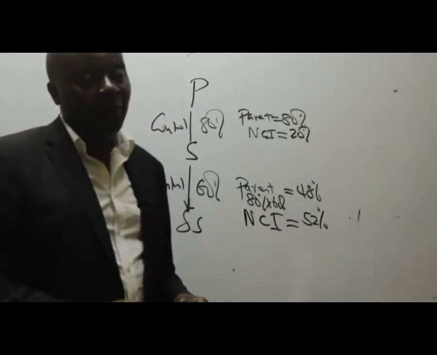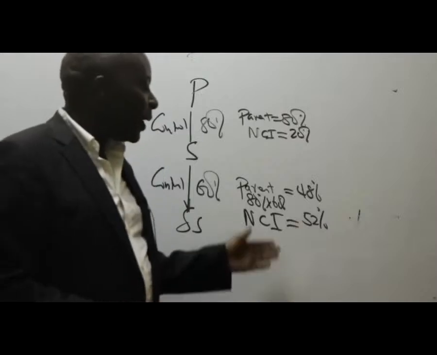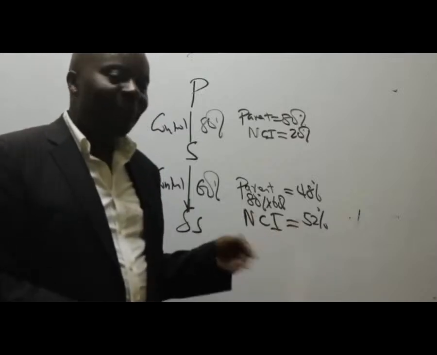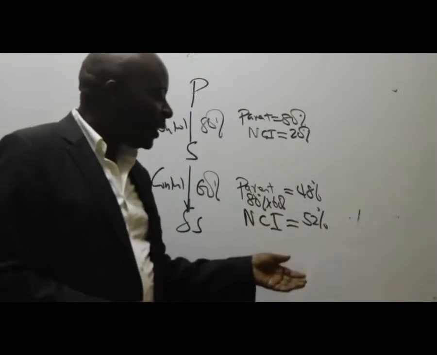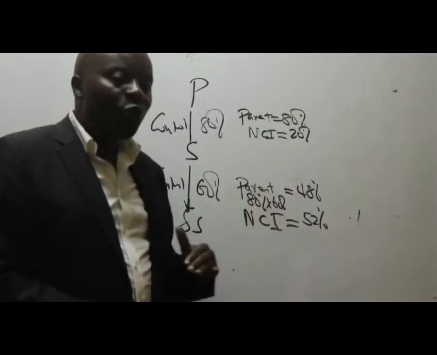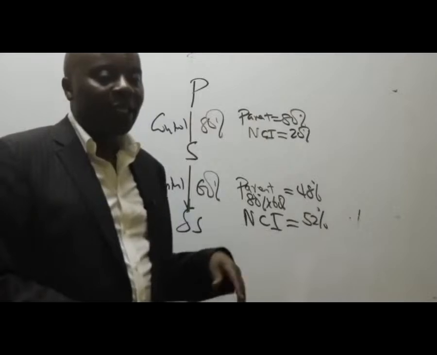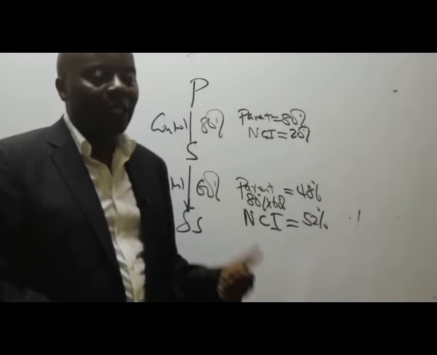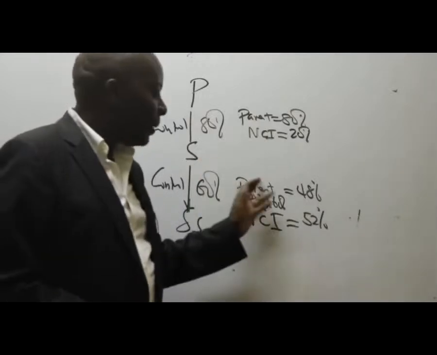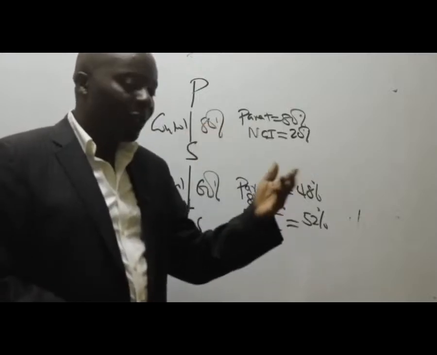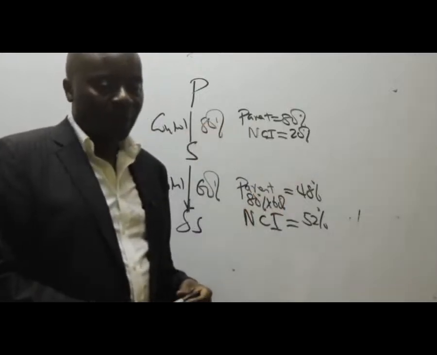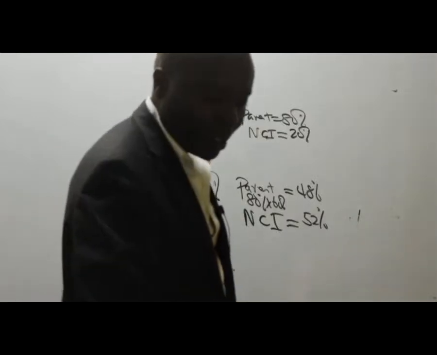And now you'll get somebody making an argument: how can NCI have a bigger share? It's possible. This 52% in this case will be spread out among so many shareholders, for example, such that each shareholder will have an insignificant amount, giving the parent superpower status. Now, ladies and gentlemen, listen to me very well.